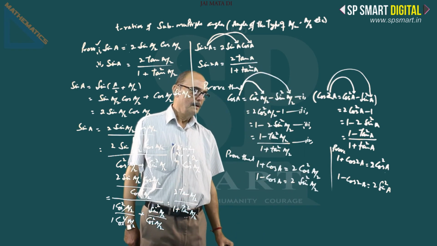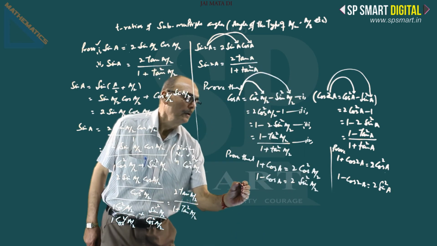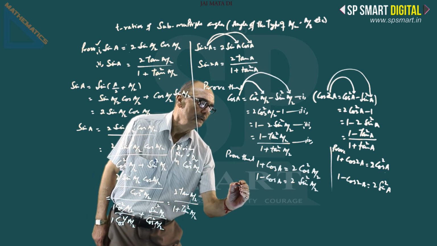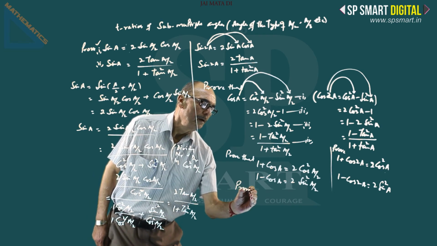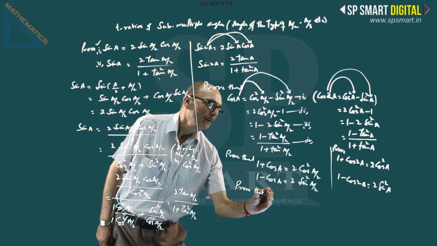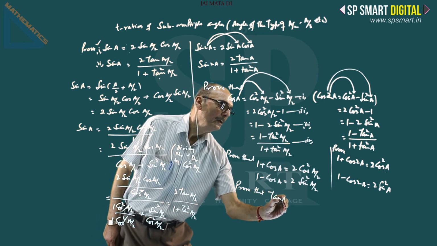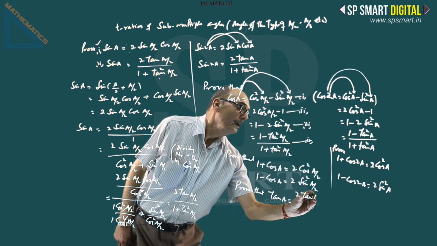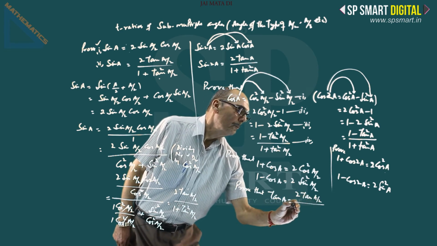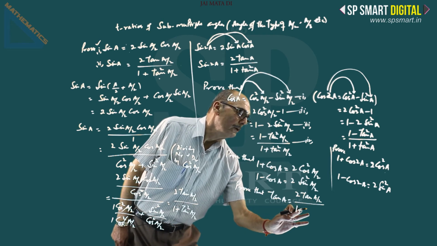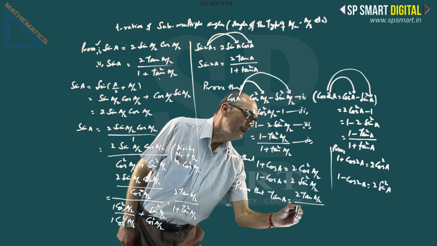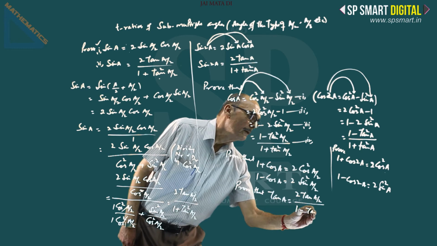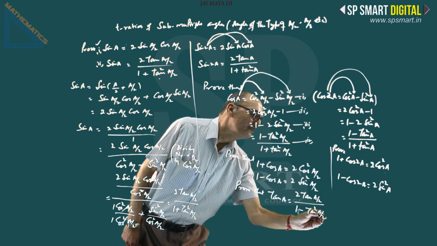Well, here prove that tan of A equal to 2 tan of A by 2 upon 1 minus tan square A by 2.